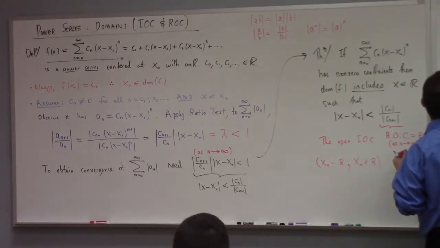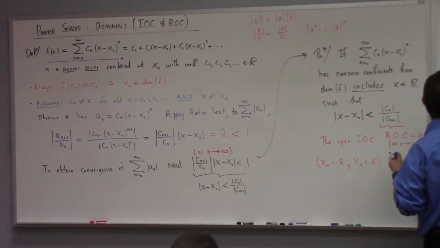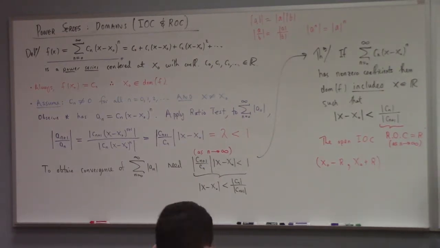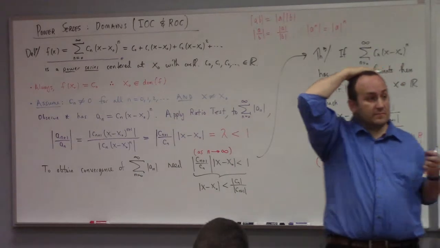Check this out. If Cn plus 1 over Cn goes to 0 as n goes to infinity, we get lambda equal to 0, right? Which means what?